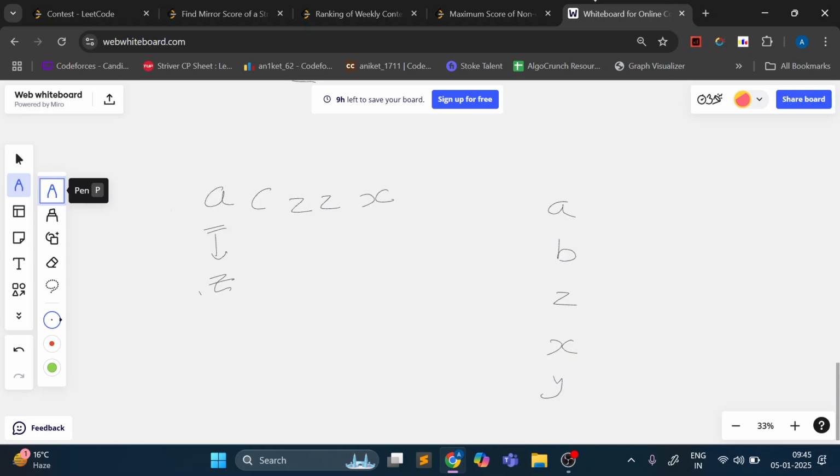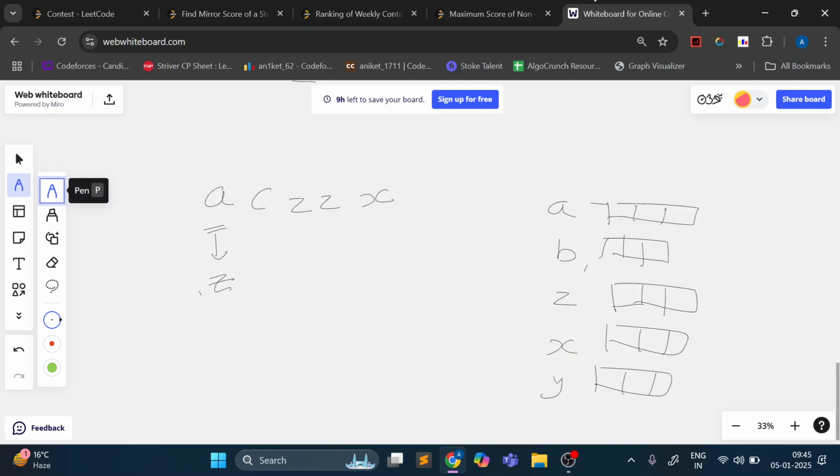A's mirror character is Z. Now at the start, Z's stack would be empty. This is just a horizontal representation of a stack, don't confuse it with a queue.